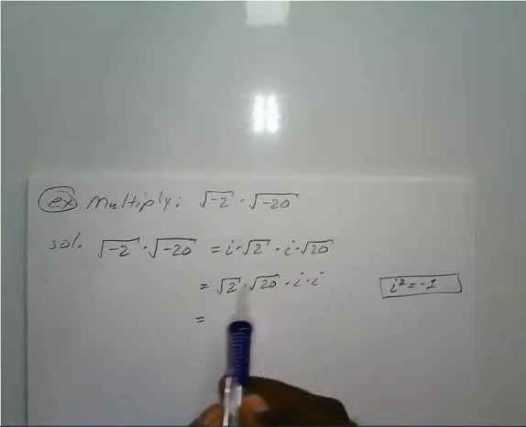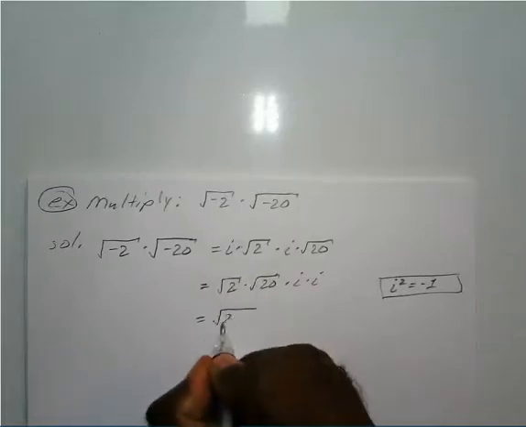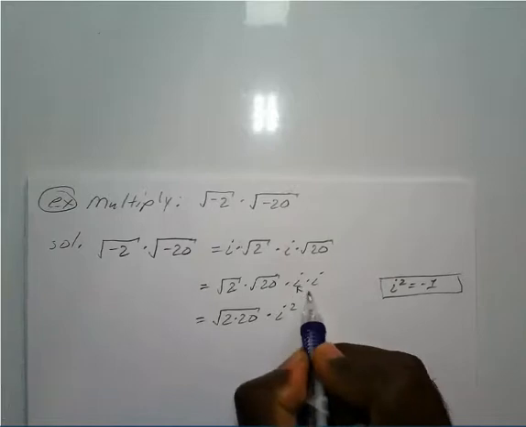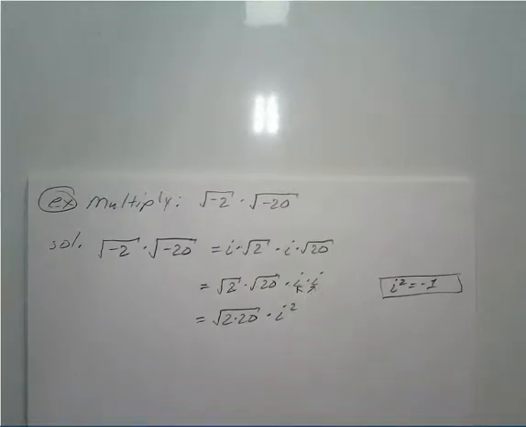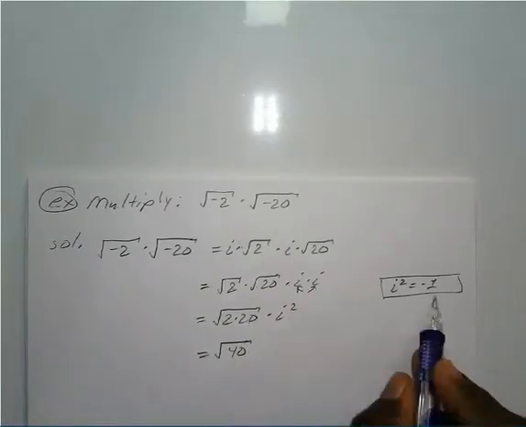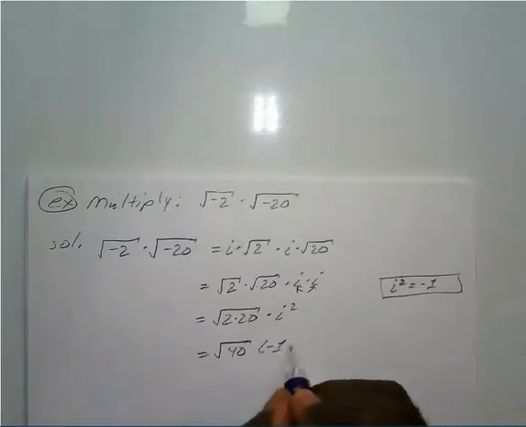So if we combine those two, we have square root of 2 times 20 times i, which is i squared. Square root of 2 times 20 is square root of 40, and i squared is equal to -1. So square root of 40 times -1.